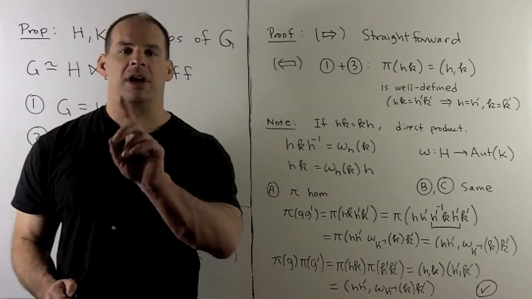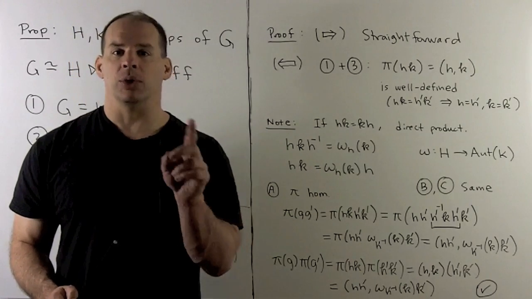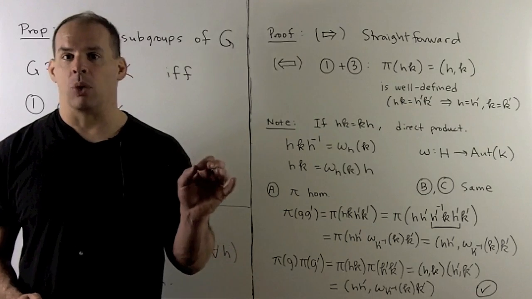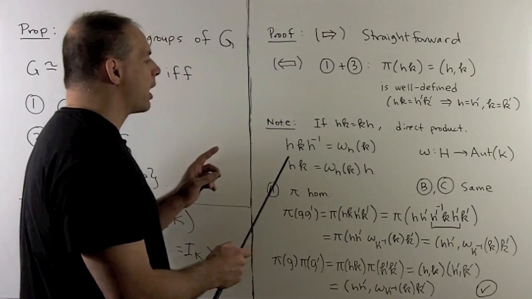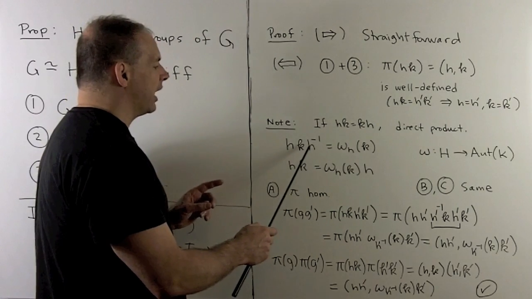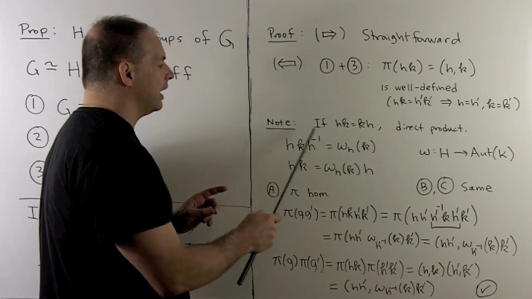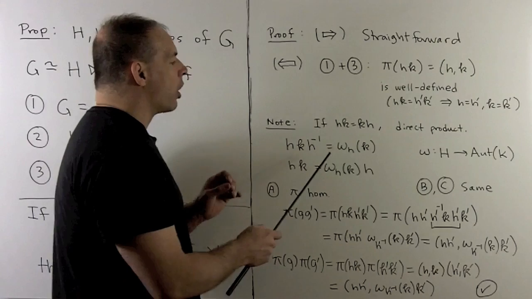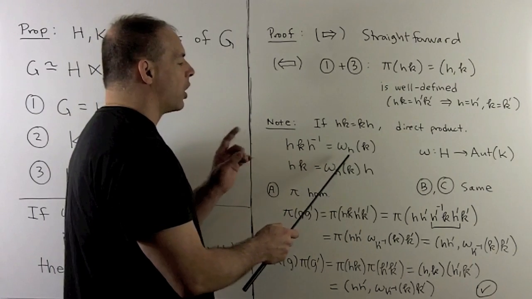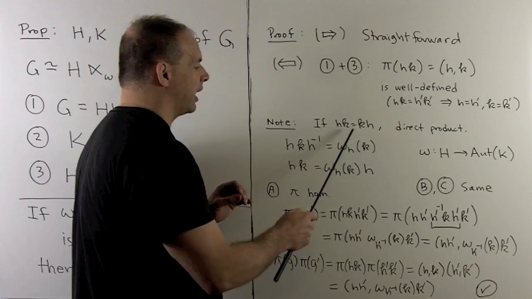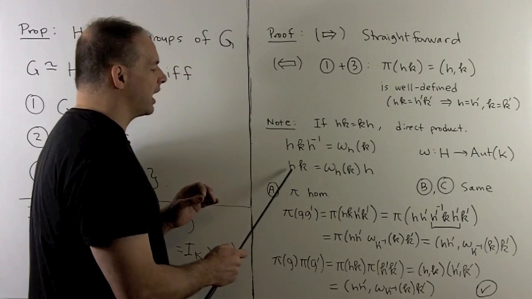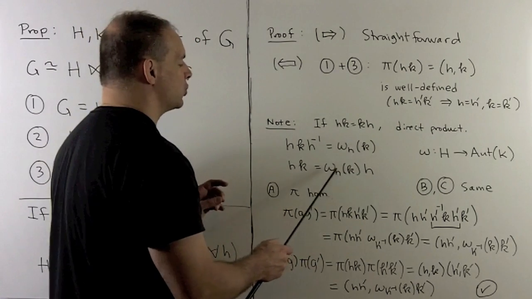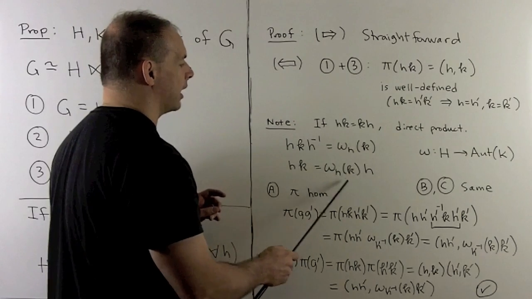For this business of the elements of H and K commuting, we might not have that anymore. So what we're going to have instead, for the semidirect product, whenever I conjugate an element in K by an element in H, we're going to use the automorphism going from H to Aut K to tell us what to do with K. So another way to think of this, if I want to switch H and K, the penalty is to apply this automorphism to K.